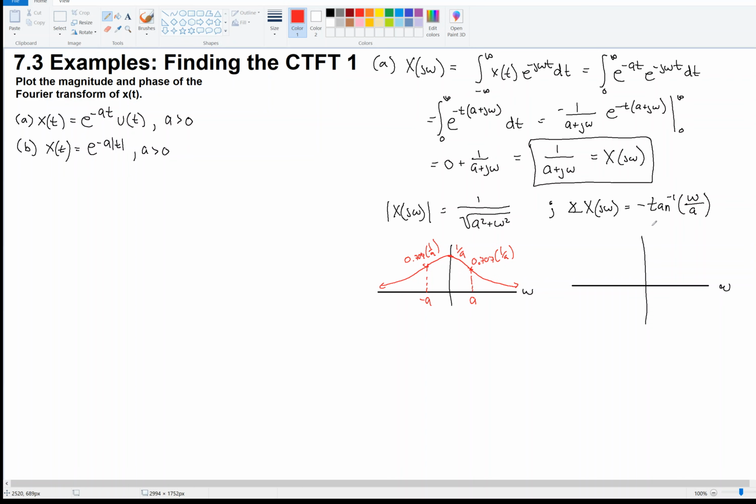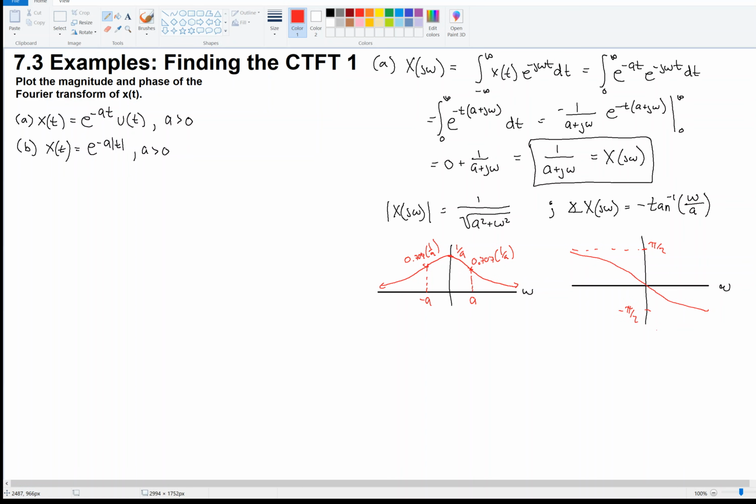And then if we plot the phase, maybe you don't know what the inverse tangent of omega looks like. I know because I've plotted it on a calculator. And this thing goes to minus pi over 2 up there. And actually, sorry, not minus. That goes to positive pi over 2 up there, and minus pi over 2 over here.